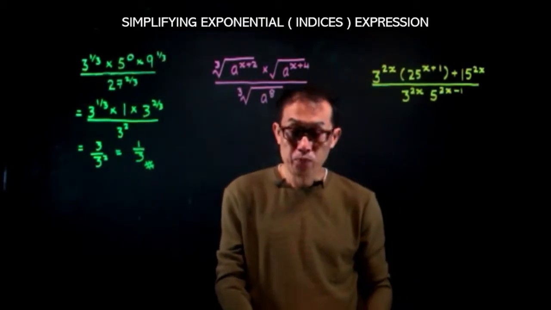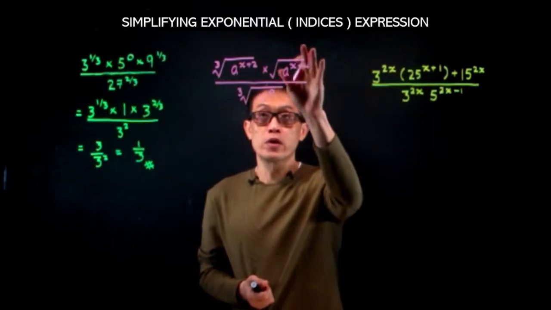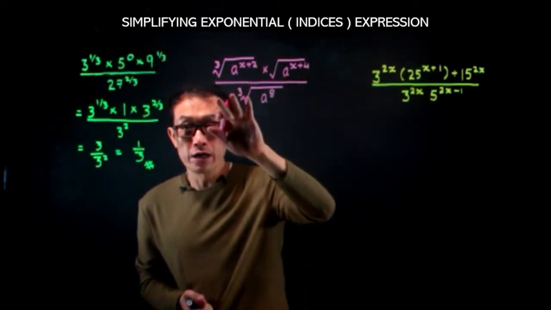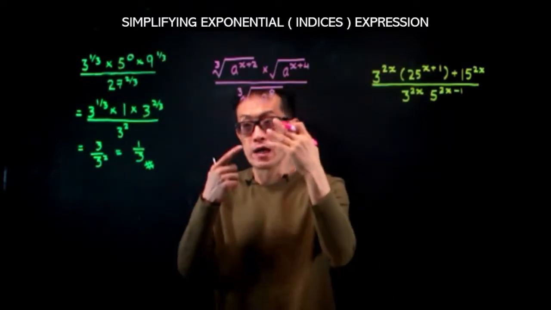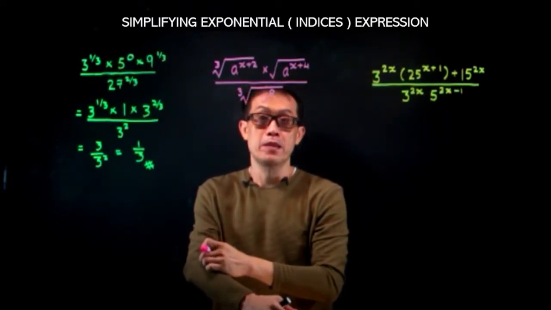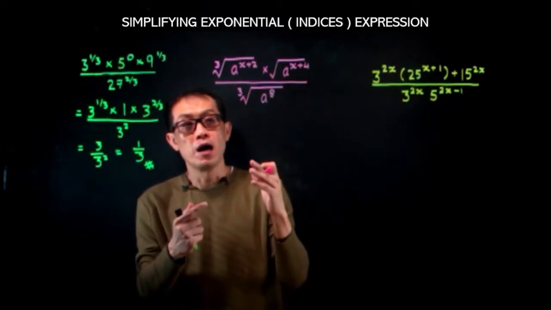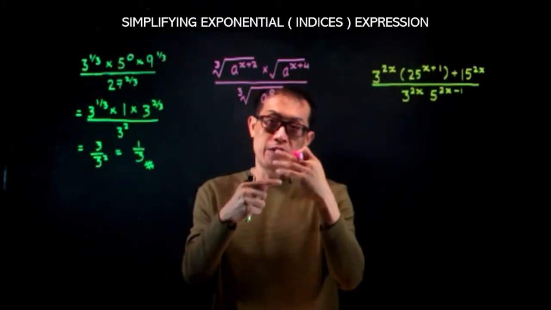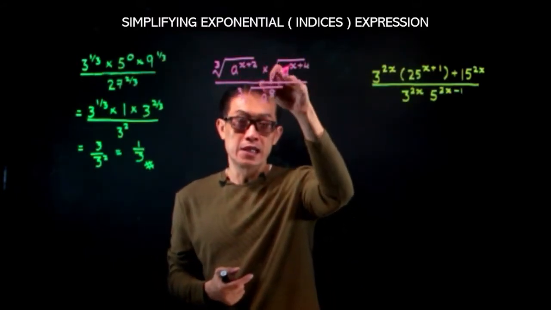Question 2. Now in question 2, you look at this, they are all in radical form. In fact, the question requires us to leave our answer in radical form. But we are not familiar with how to manipulate the surds form.